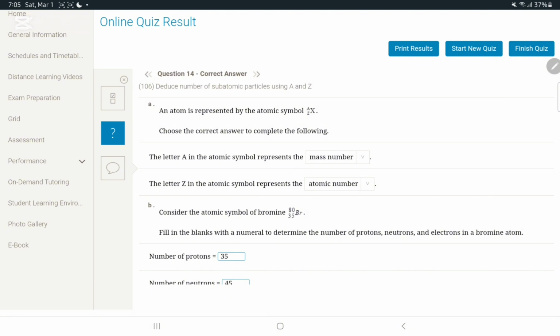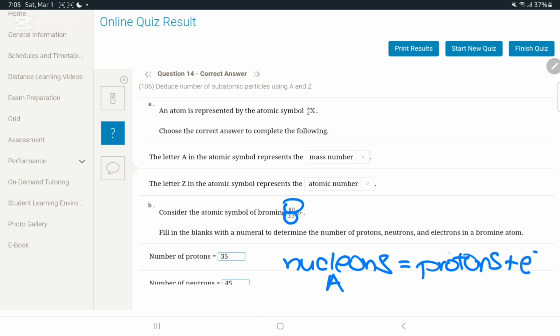And the neutrons, since this is nucleons and this is protons, the nucleons, or mass number, is equal to protons plus electrons. Protons can be represented by H plus, by the way. Then it's protons plus electrons, then to find, not electrons, I'm sorry, silly mistake, since nucleons is protons plus neutrons.